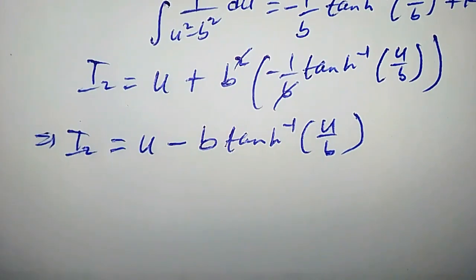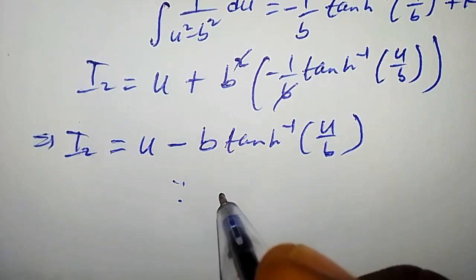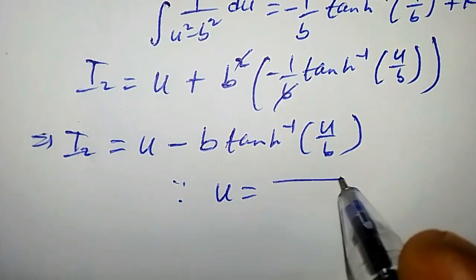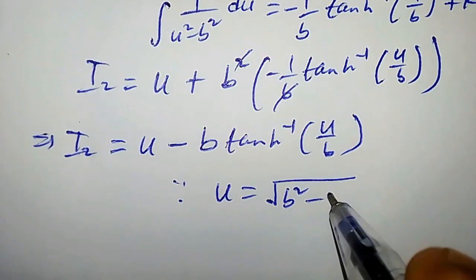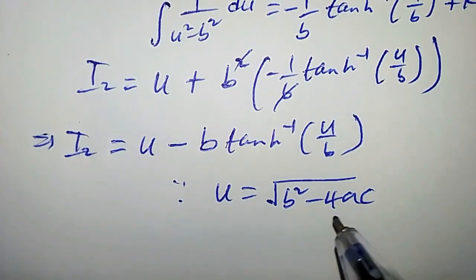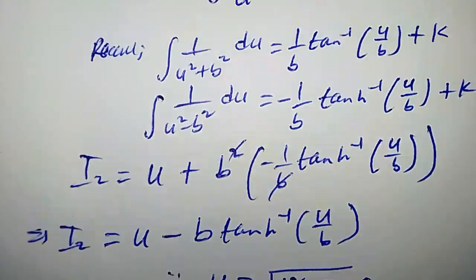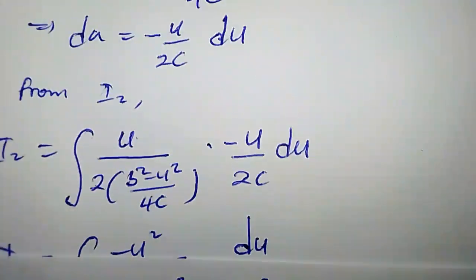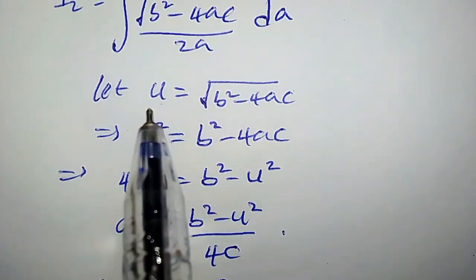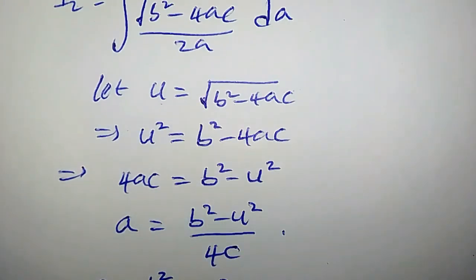Let's proceed further. But since u is equal to the square root of b squared minus 4ac, let me show you where we got this from. It's basically from this line. Let's proceed further.